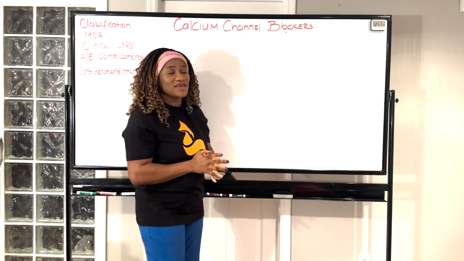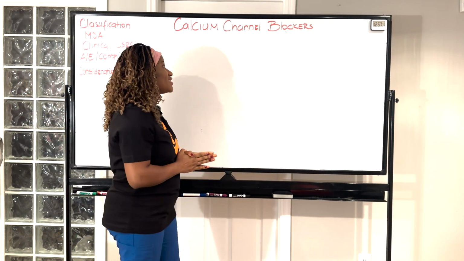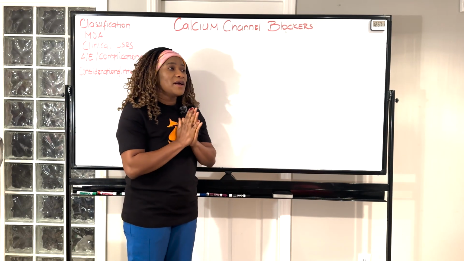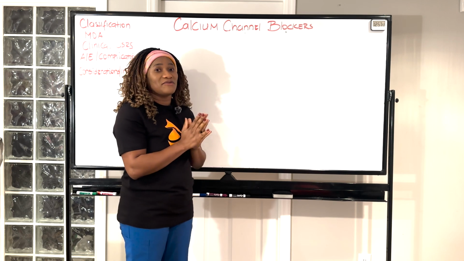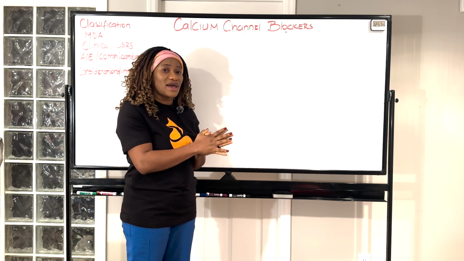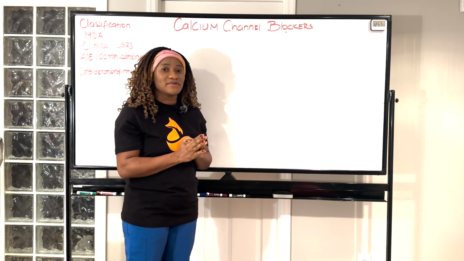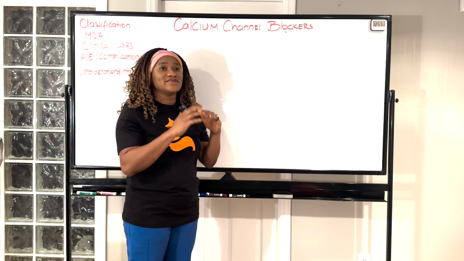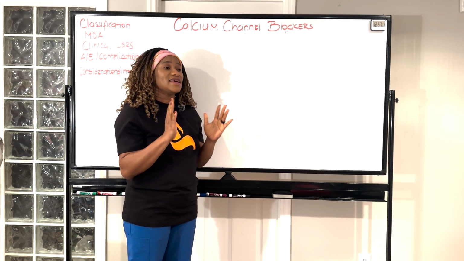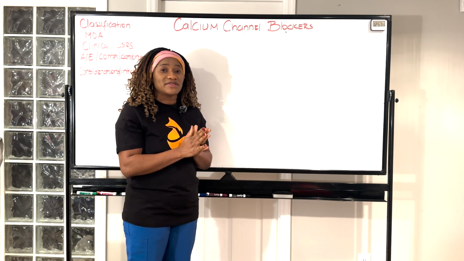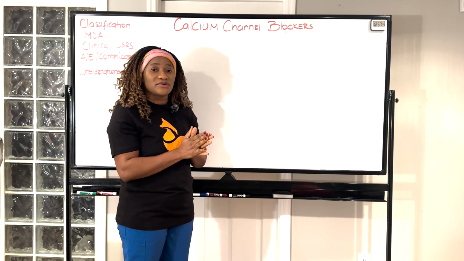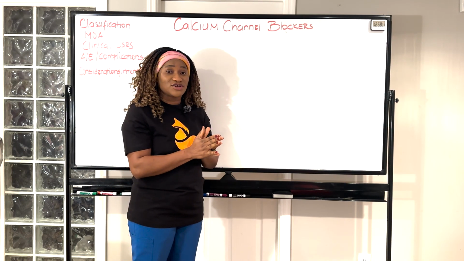So before we even begin, I'm going to say calcium channel blockers can be subdivided into 3 groups, but they have the main mechanism of action that I'm going to share with you, and they have some common side effects. So I'm going to start by talking about what is common to all of them, and then we can dive into the different classifications. What is common to the calcium channel blockers is their mechanism of action.